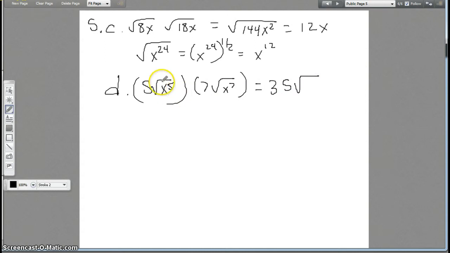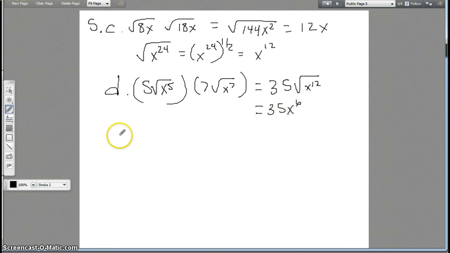And then inside the square root, we have x to the 5th times x to the 7th. When we multiply numbers that have powers, we add the powers. So this is going to be x to the 12th. Remember that when you take the square root of powers, square root is a half power. So we're going to take half of 12. This is going to be 35x to the 6th.